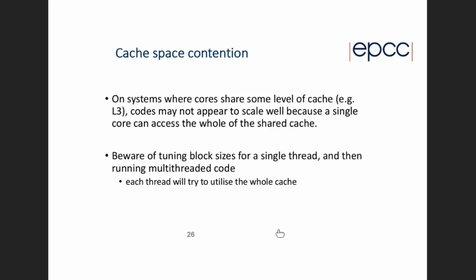Each thread is going to try to utilize the whole cache, and you're going to run out of cache capacity. So you just have to think about your end use case if you're doing aggressive cache blocking optimizations.